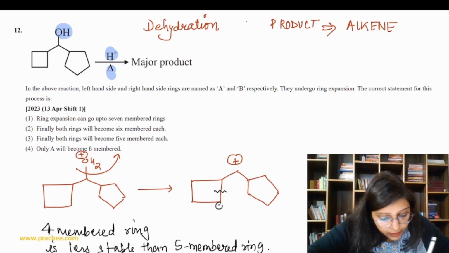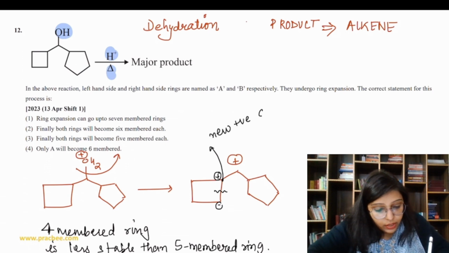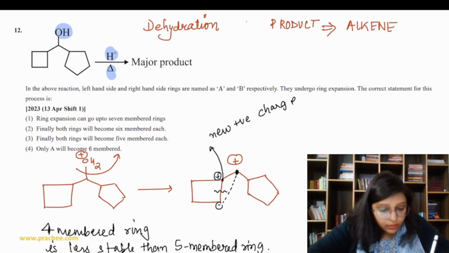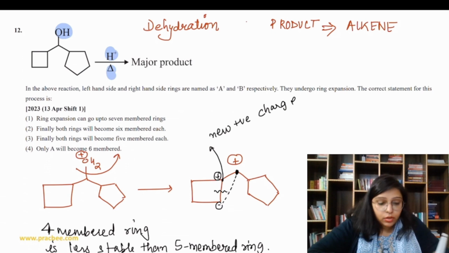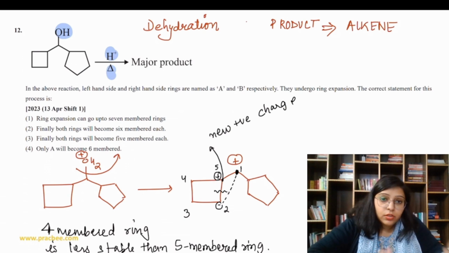So here we have negative charge, here we have positive charge. So new positive charge is going to be here. Okay, so let's form a bond. Okay, let's form a bond. So we have 1, 2, 3, 4, 5. Okay, beta. So now we have 2 5-membered rings. So 2 5-membered rings, they are going to be like this.